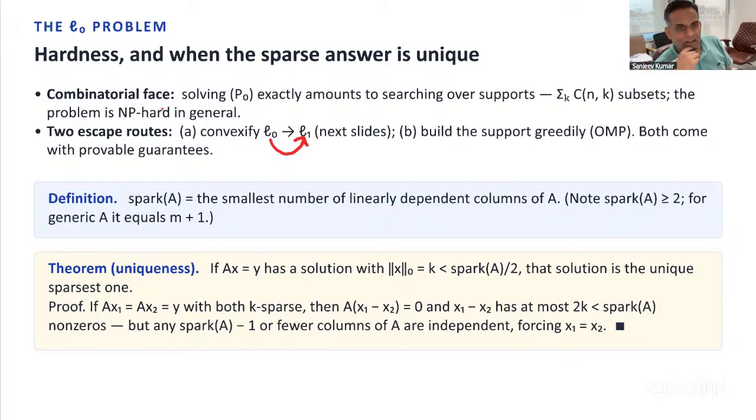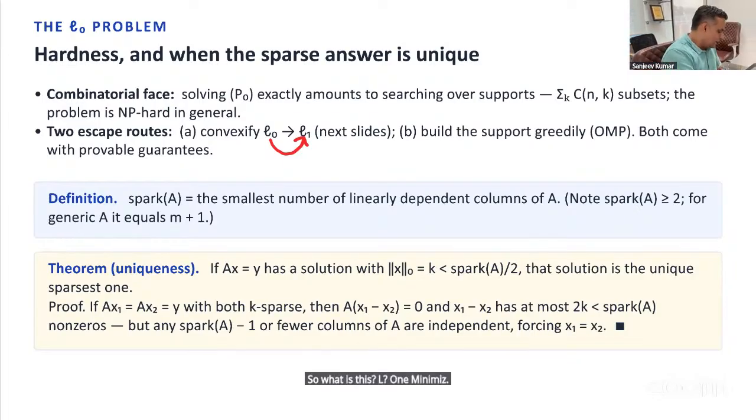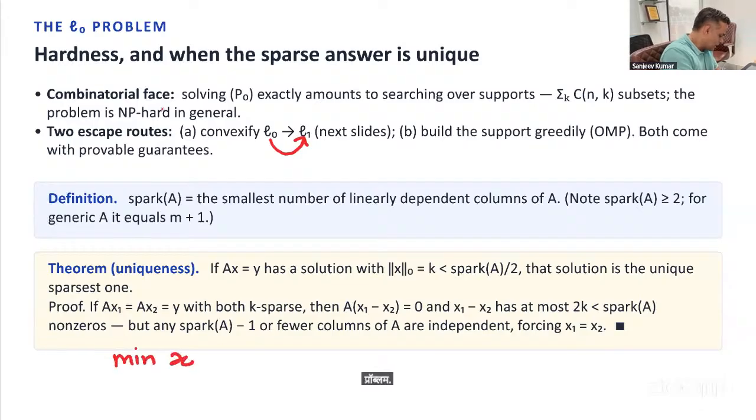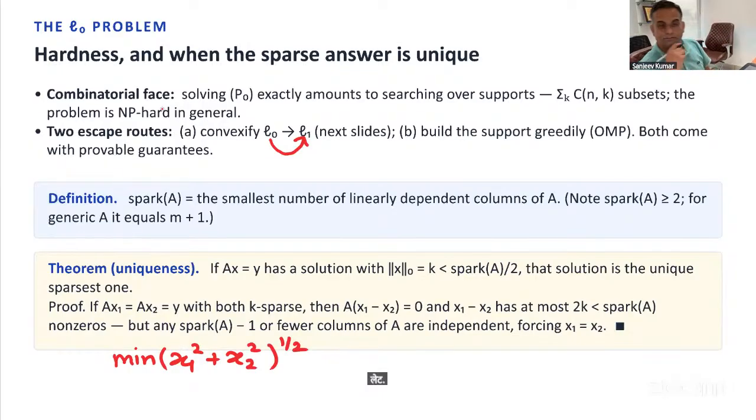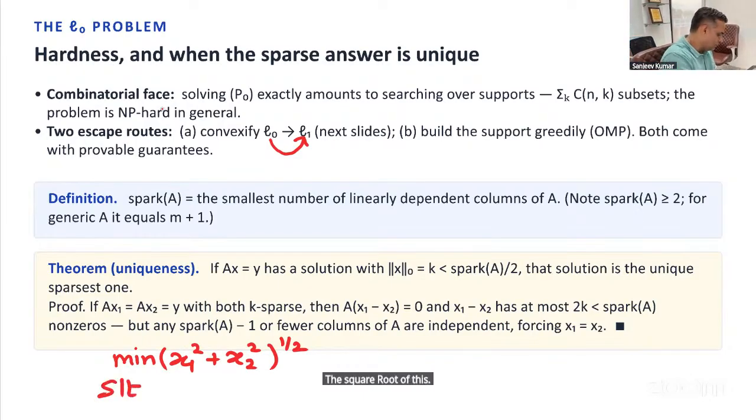So what is this L1 minimization? In the earlier case, I was solving the problem: minimize the square root of x1 squared plus x2 squared, subject to, let us say, x1 plus 2x2 equals 5.